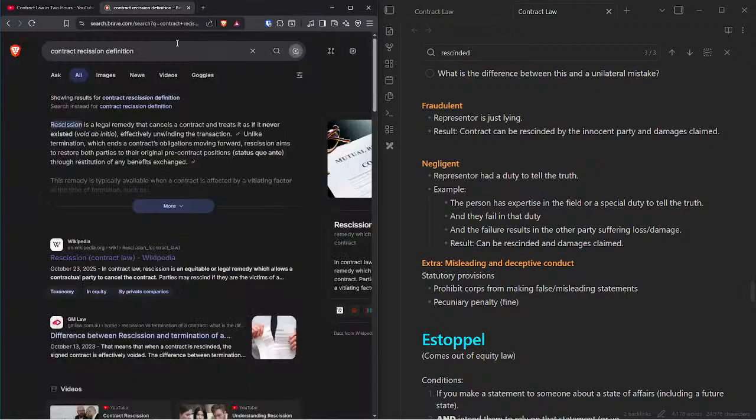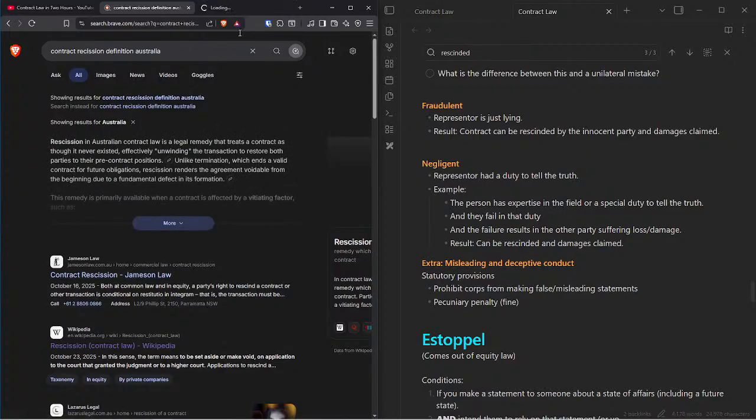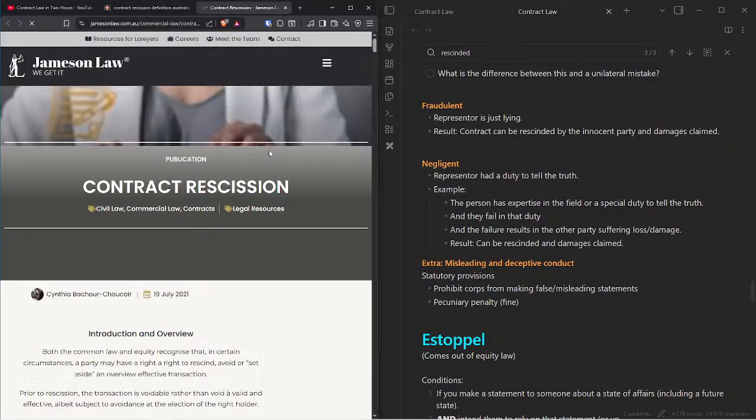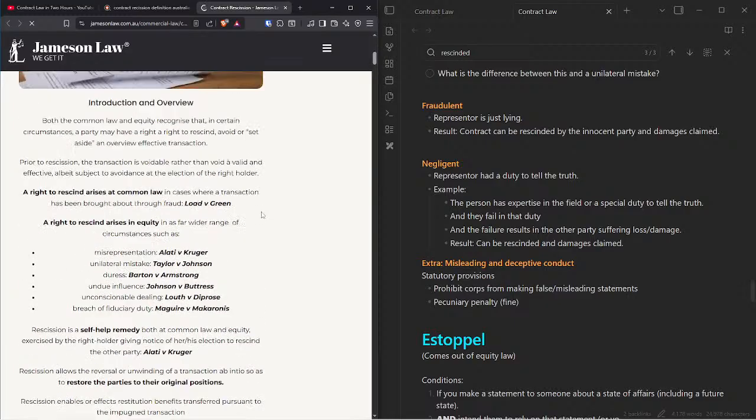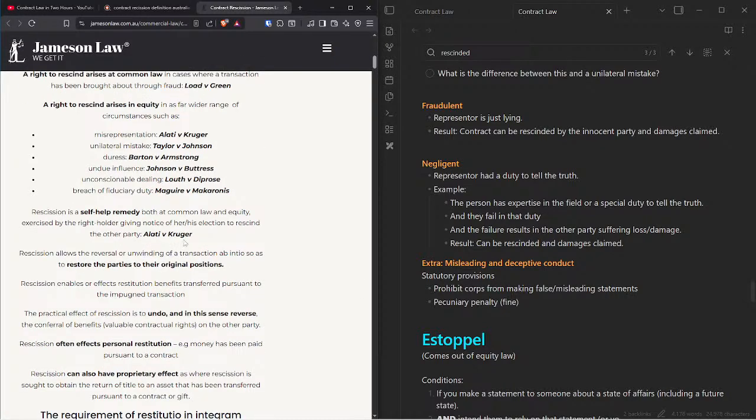I need contract law rescission Australia. I didn't even type in Australia. That would help. Jamieson, probably fine. This must be in some act, defined in some act.